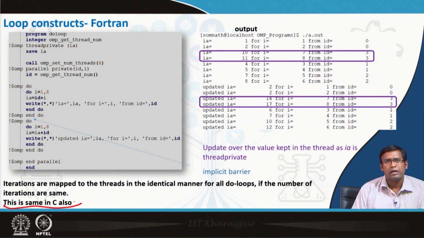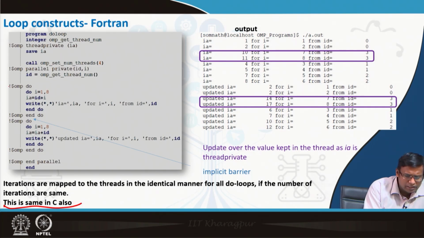In C, the loop construct is hash pragma OMP for; you can parallelize the particular for loop using hash pragma OMP for. But it is important that these parallel loops must be part of a parallel construct.